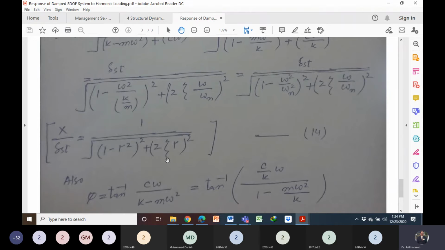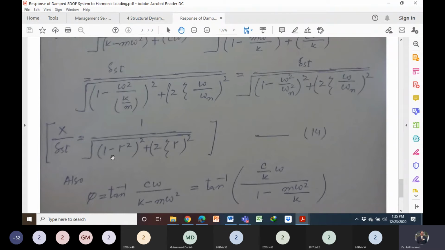Suppose damping is equal to 0, this term will be equal to 0. What will we have in that case? 1 minus r square whole square, and then under root, it will cancel. So we will have 1 minus omega over omega n whole square.